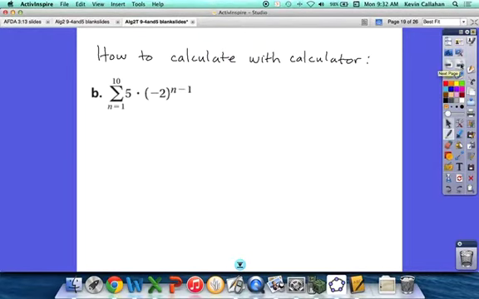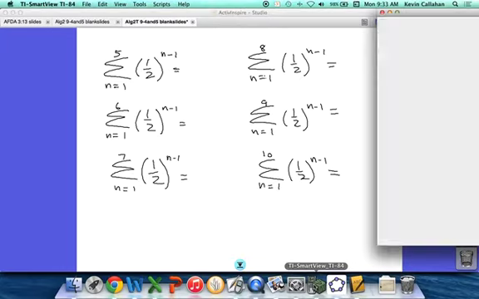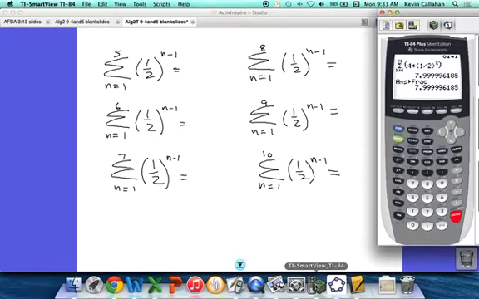Okay. Now, we already talked about how to do it with the calculator. Okay, let's do this one. Put this in the calculator. N equals 1 to 5, 1/2 to the n minus 1. Where's my calculator? So alpha y equals 2.